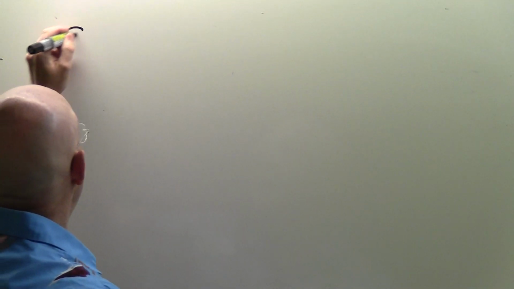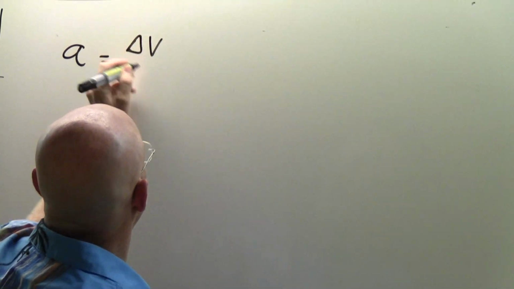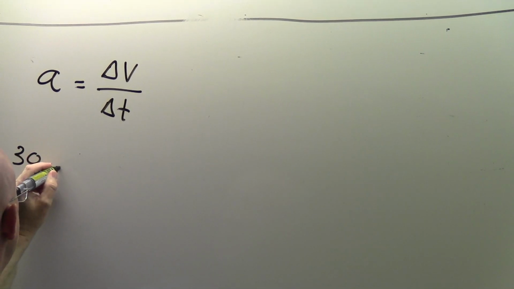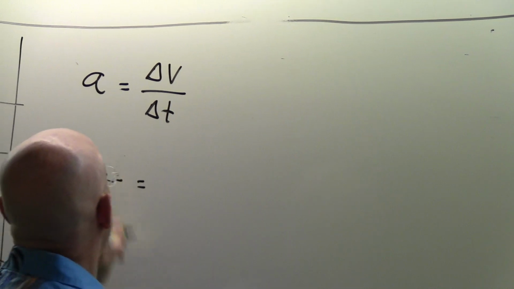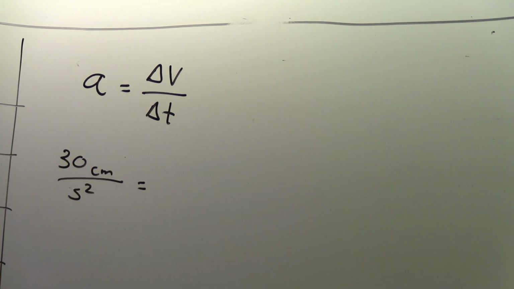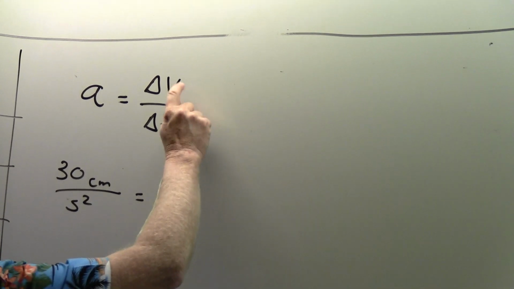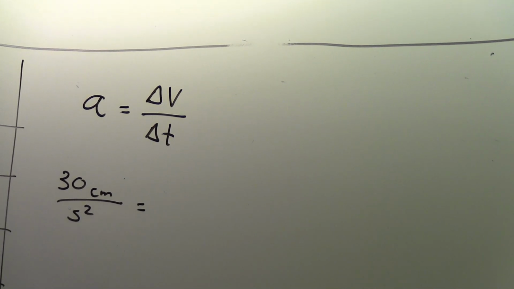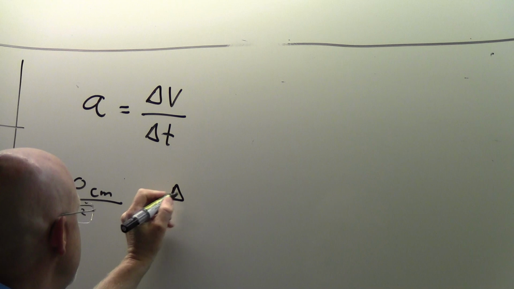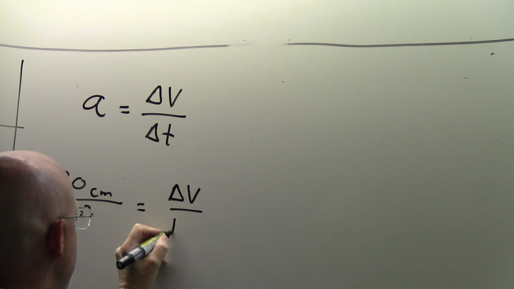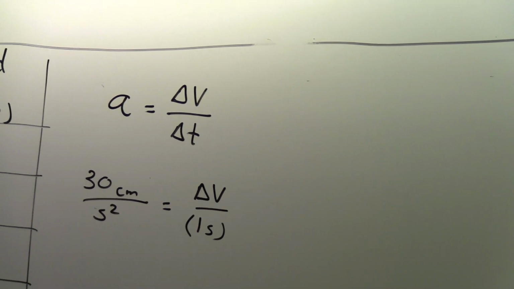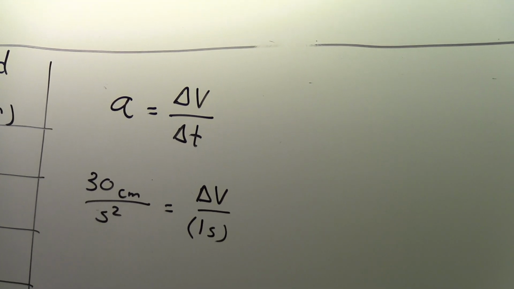We would say a equals change in velocity over time, and the acceleration is the 30 centimeters per second squared. The change in velocity, then, let me just leave for a moment as change in velocity. But in this case, the time difference would be 1 second. So notice this is a delta t.